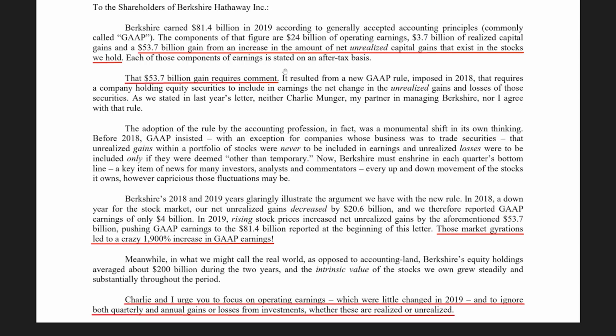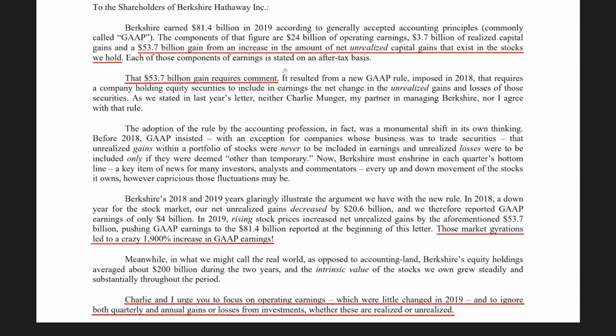Continuing on, this says, Berkshire's 2018 and 2019 years glaringly illustrate the argument we have with this new rule. In 2018, a down year for the stock market, our net unrealized gains decreased by $20.6 billion, and we therefore reported GAAP earnings of only $4 billion. In 2019, rising stock prices increased net unrealized gains by the aforementioned $53.7 billion, pushing GAAP earnings to the $81.4 billion reported at the beginning of the letter.